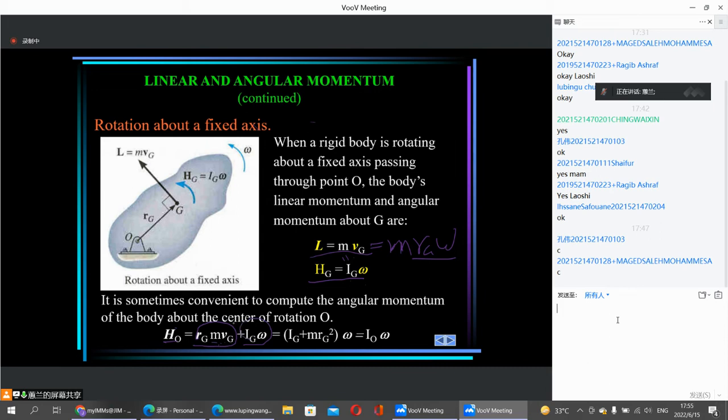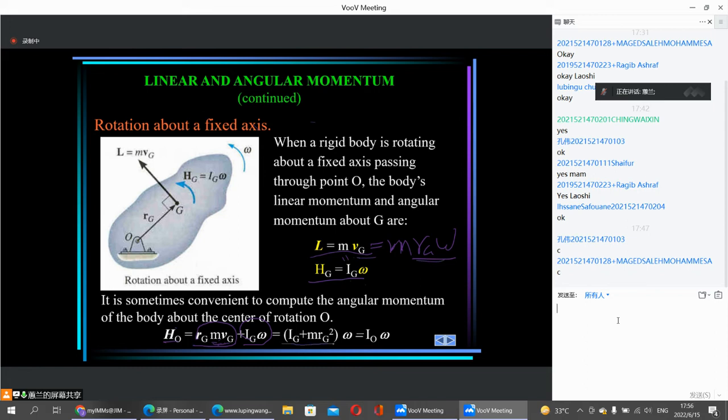Here the linear momentum you can regard as a force, and the angular momentum as the moment of a force. So the calculation follows the same rules as the moment of a force. Same rules.